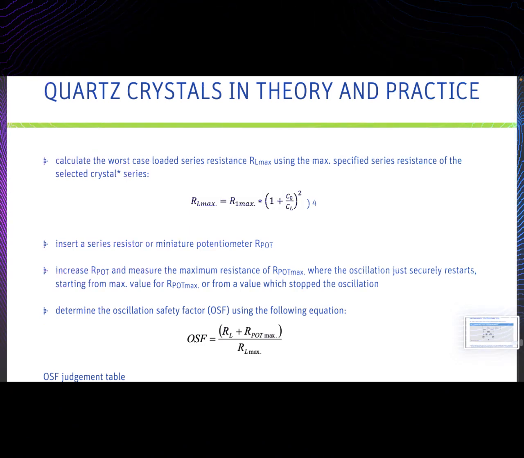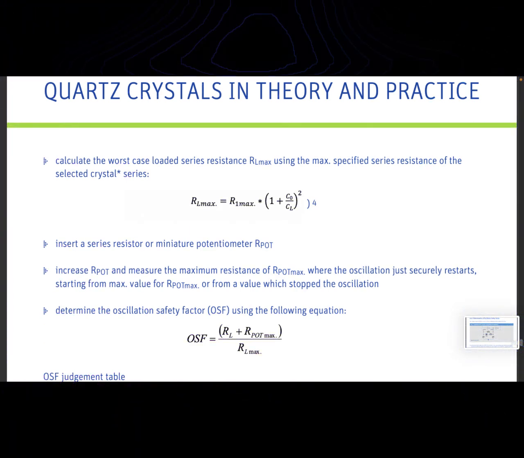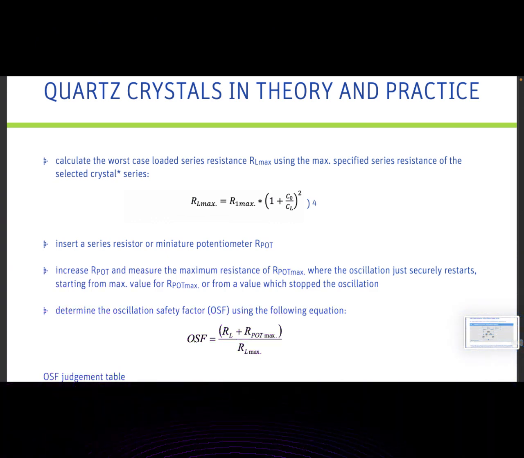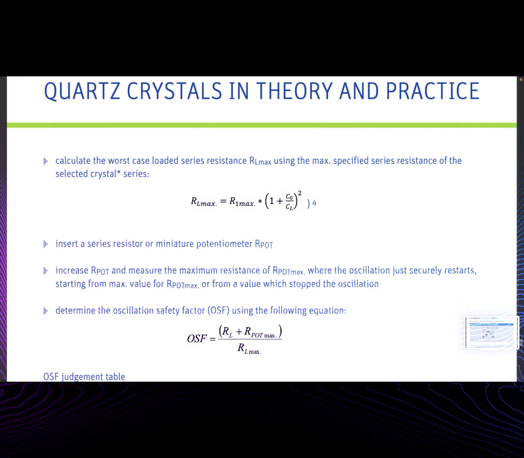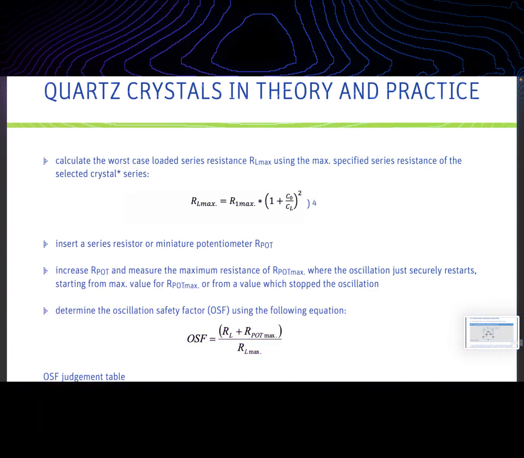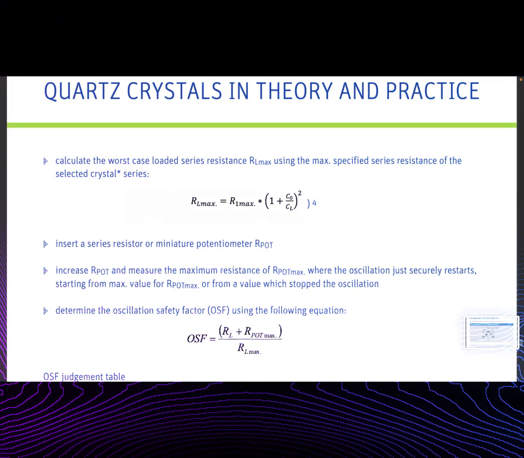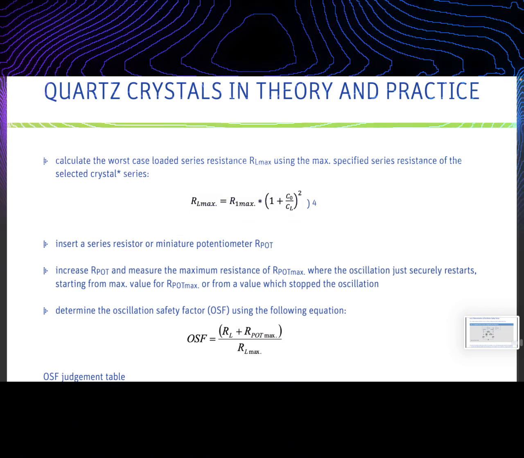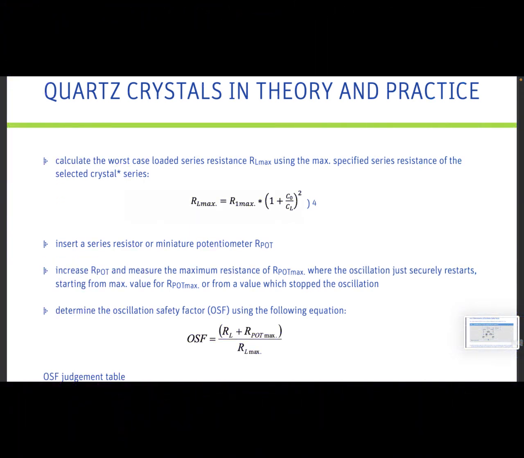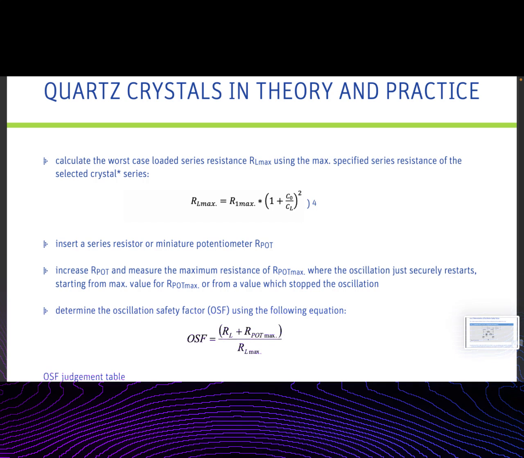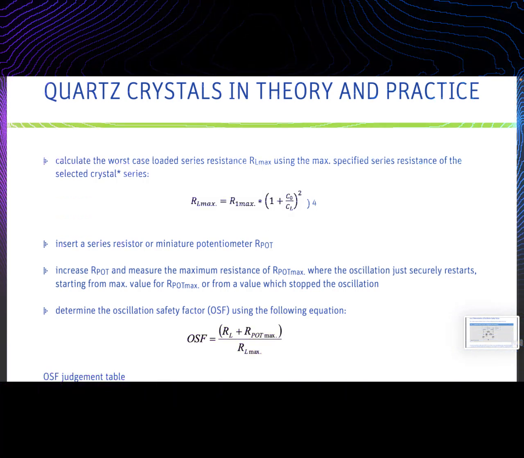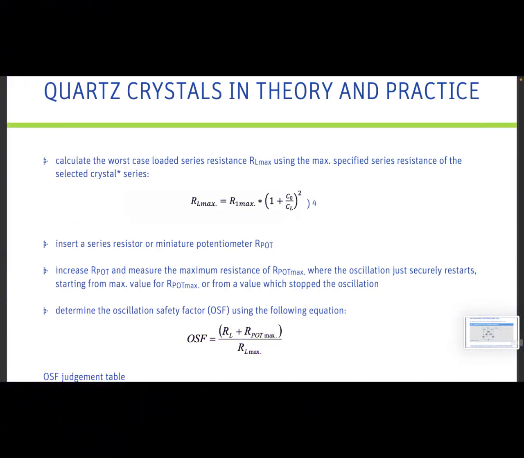Even low-cost commercial crystals show an aging of less than plus or minus 5 ppm in the first year. By special manufacturing process steps, low aging rates like plus or minus 1 ppm or less in the first year can be achieved.